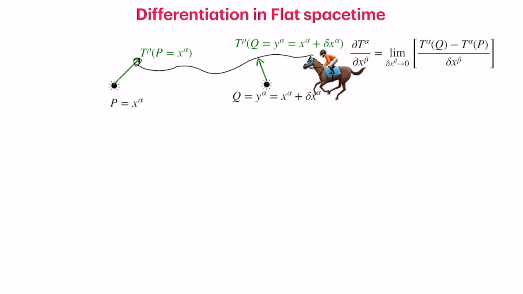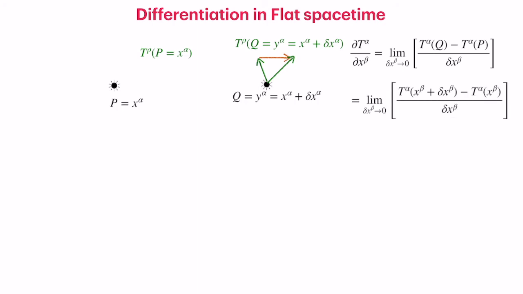We take the vector at P, pull it along in a straight line without changing its orientation, take it to the point Q, then subtract the vector at Q from what you brought in from P, and then divide that difference by the displacement between P and Q and take the limit δ^β to 0, and that is what gives you differentiation. We do it involuntarily most of the time without bothering about all these cases.